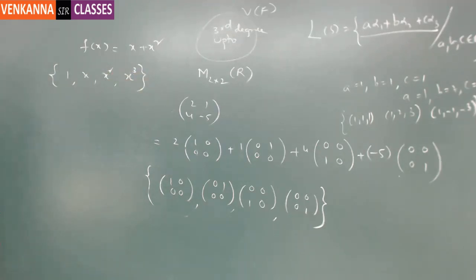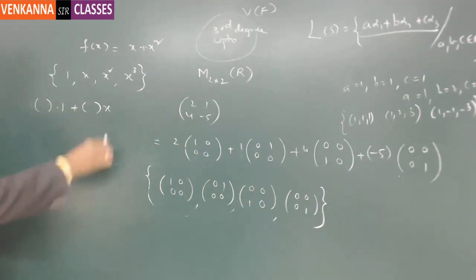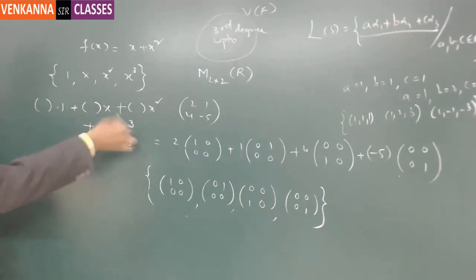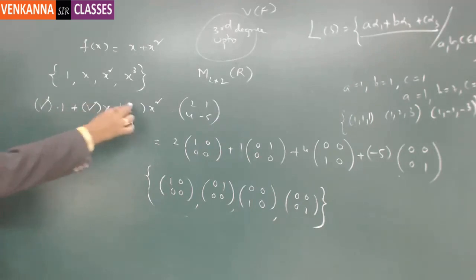Because whatever polynomial you consider, it is typically written using these things. Some number into 1 plus some number into x plus some number into x square plus some number into x cube. These numbers are taken in the field.